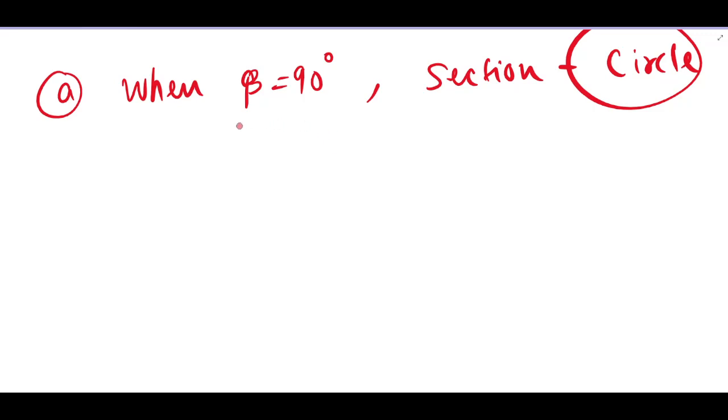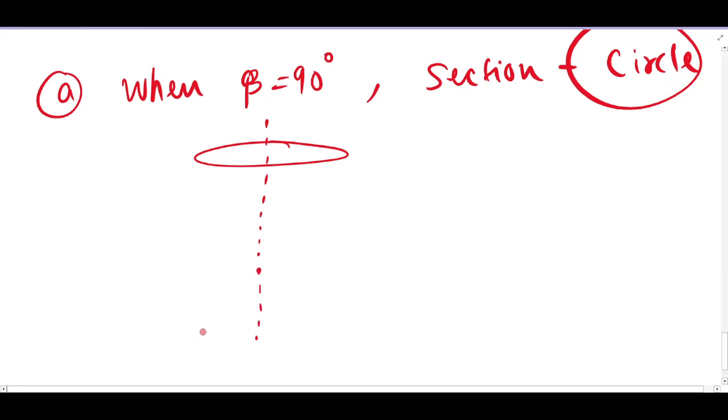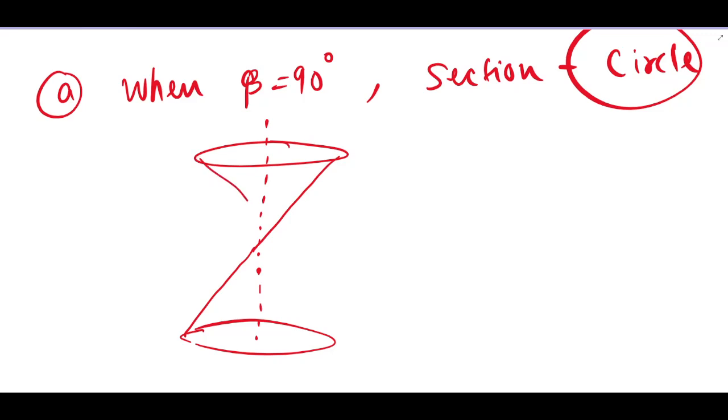That is, if we have a double napped cone and this is the vertical axis, and this is the base, and this is alpha, and we have beta equal to 90 degrees.